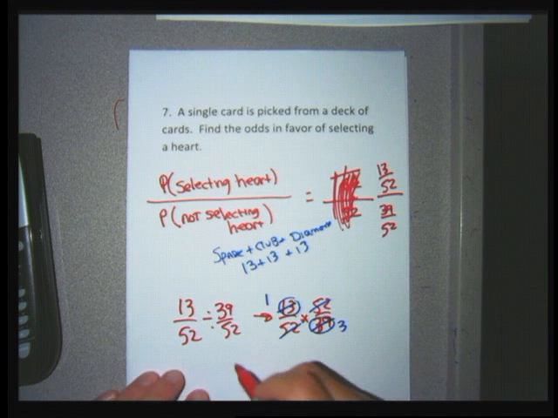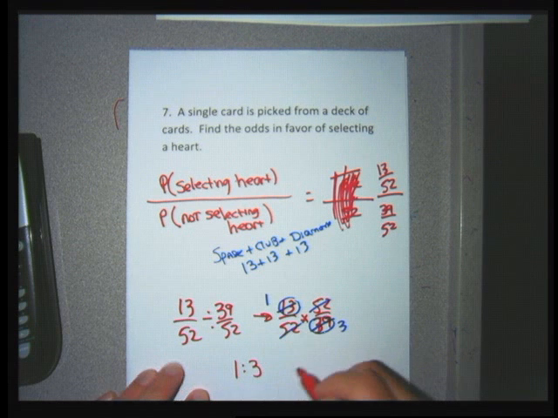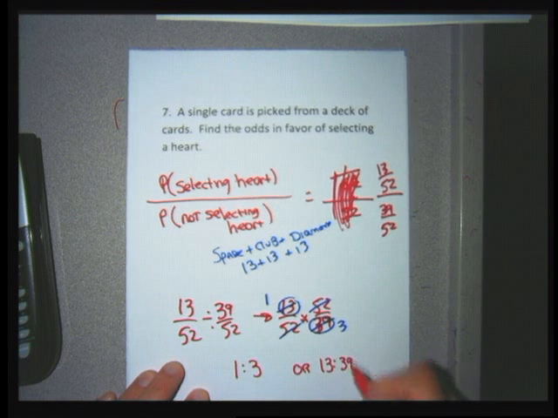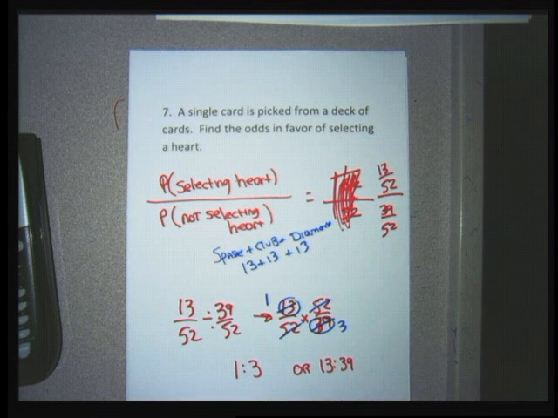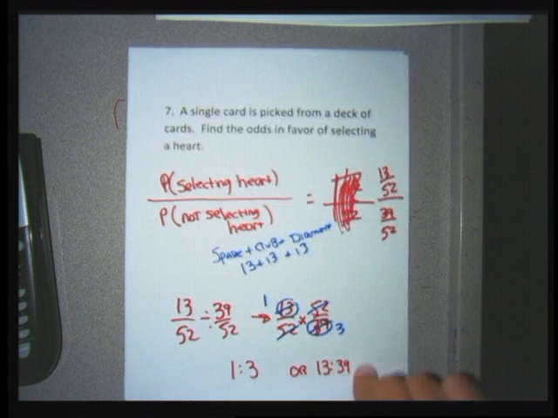I'd write the answer to this question 1:3. If you would have written 13 to 39, that's not reduced. I might take a point off, so it would be safe to reduce as much as you can because I think our author consistently reduced for any probability or odds question that we were asked.